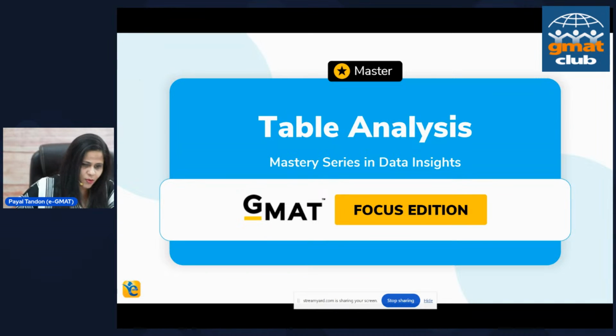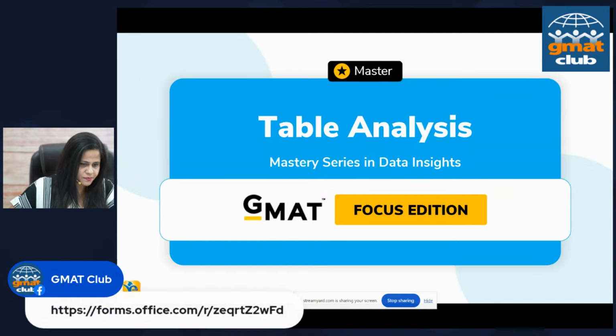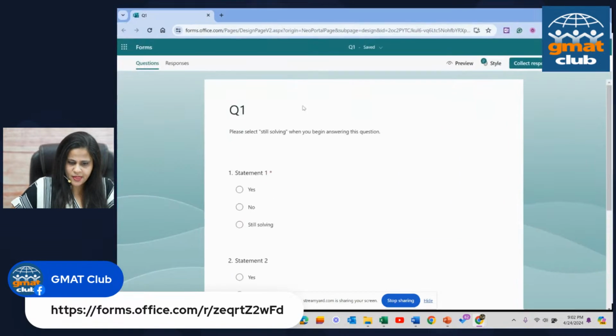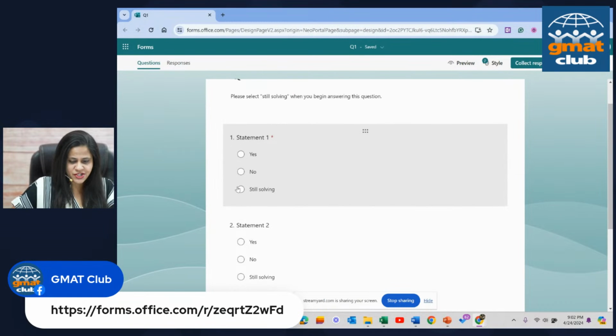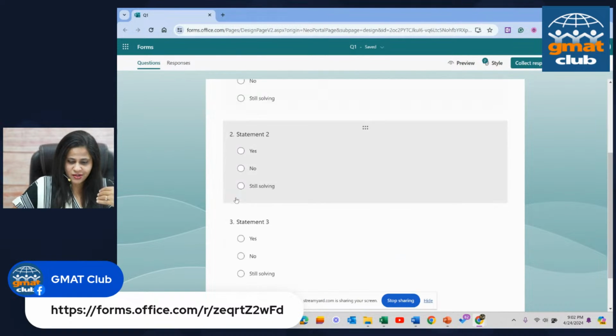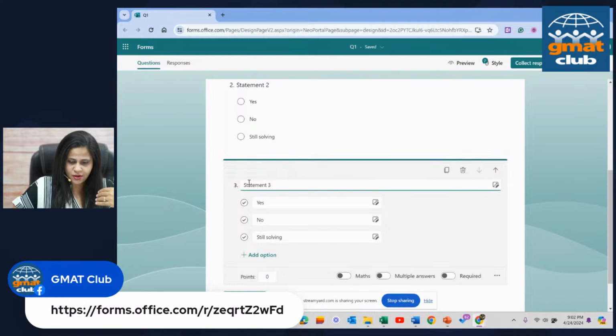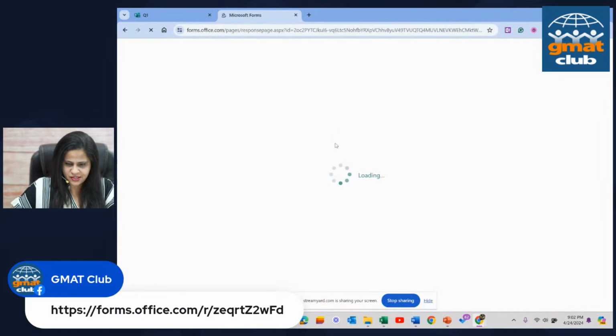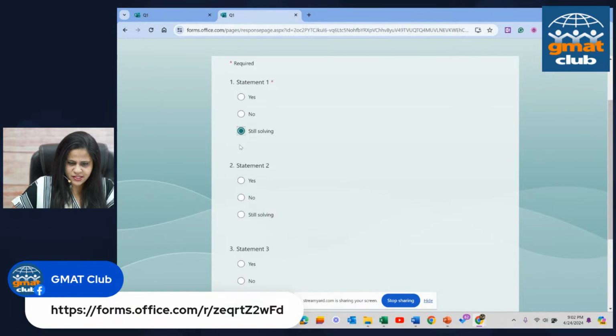I want you to open this link at your end so that you get acquainted with this. The link should look something like this. You will essentially start with still solving. So click on still solving for each one of these. This is how it would look.